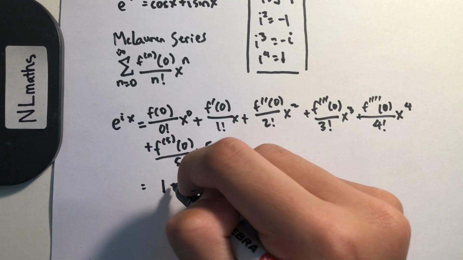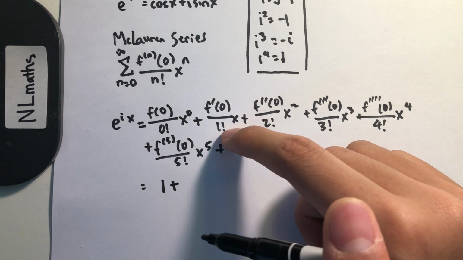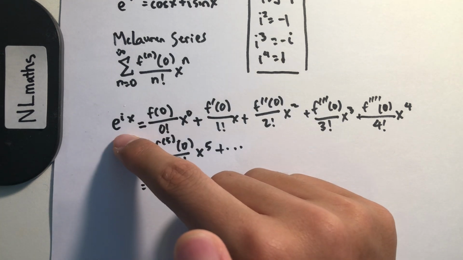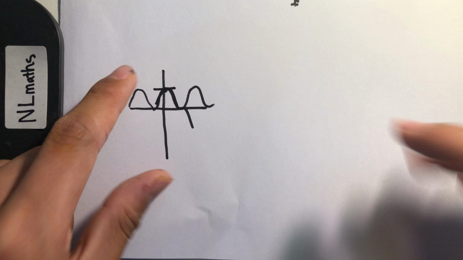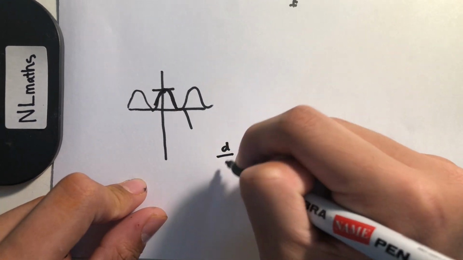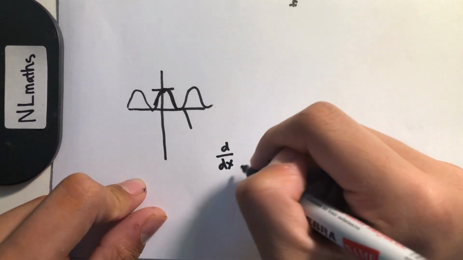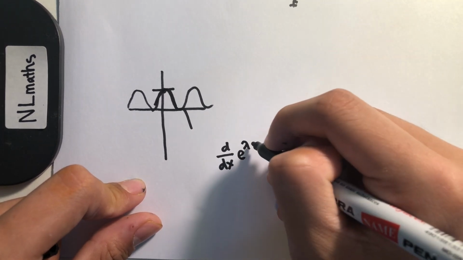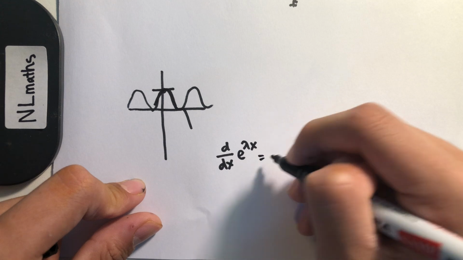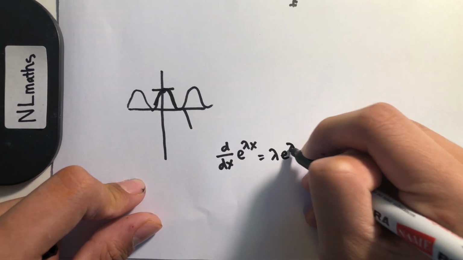Then the next term, we'll have f prime of 0 over 1 factorial. The derivative of e to the ix, actually, I'll write another side note here. d by dx of e to a constant, e to maybe lambda x, would always equal lambda e to the lambda x.